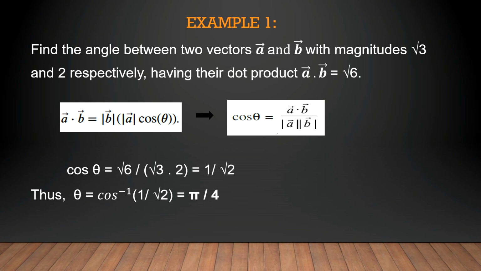So by the simple formula, you know that cos theta is A dot B upon magnitude of A into magnitude of B. So cos theta is equal to, just putting the values, 1 upon root 2. So theta is cos inverse of 1 upon root 2, and you know that at pi by 4, cos theta is 1 upon root 2. So theta is pi by 4. So the angle between the given two vectors A and B is pi by 4.